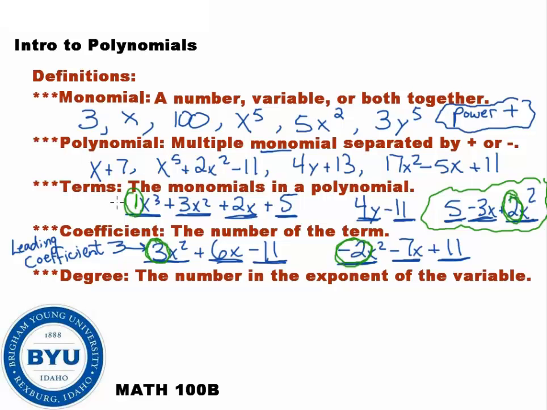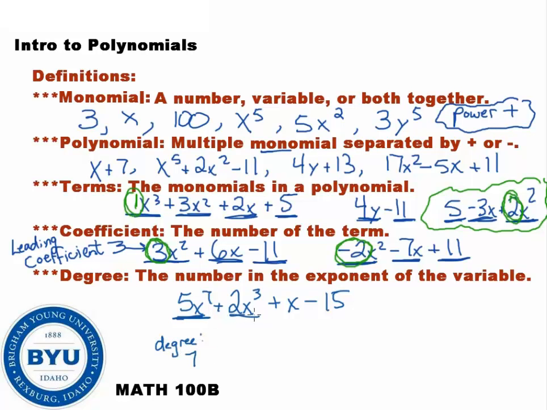Okay, good. Last thing we want to talk about is the degree. The degree of the term is just the exponent. So if I had, for example, 5x to the 7th plus 2x to the 3rd plus x minus 15, we could find the degree of each term. So this is the first term, and the degree would be 7.